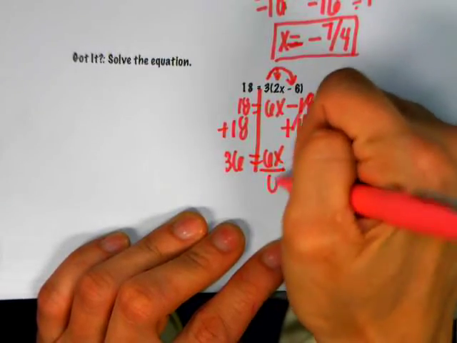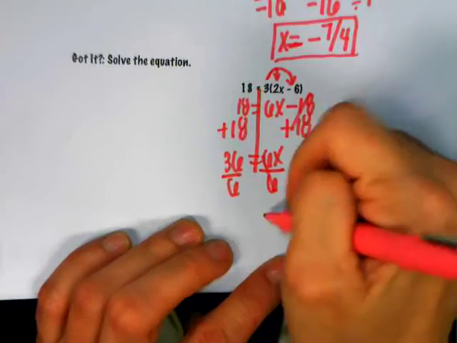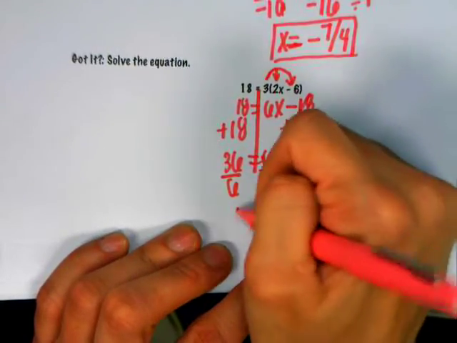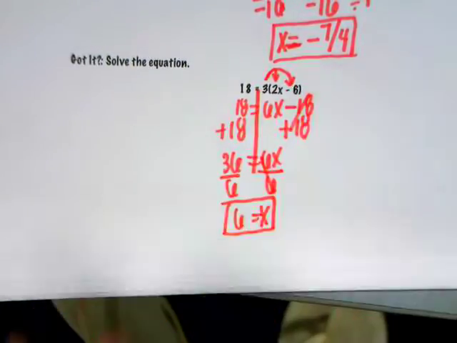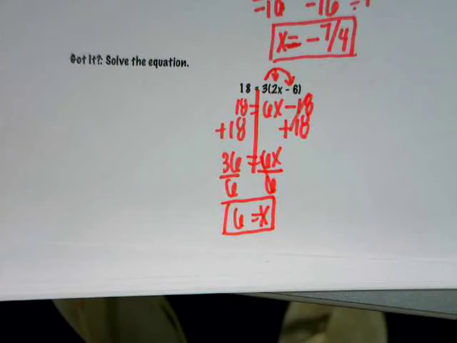Divide by 6. So you get x equals 6. Good? Okay, so now what we're going to do is we're going to put the two things that we just did together, okay? So we are going to combine distributive property with combining like terms.